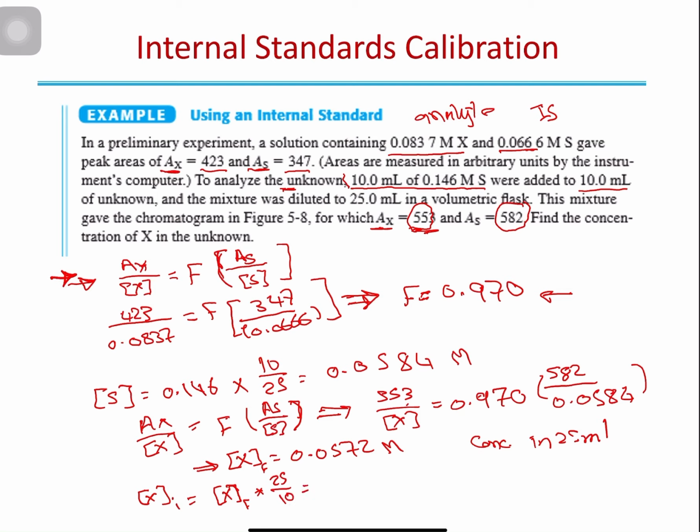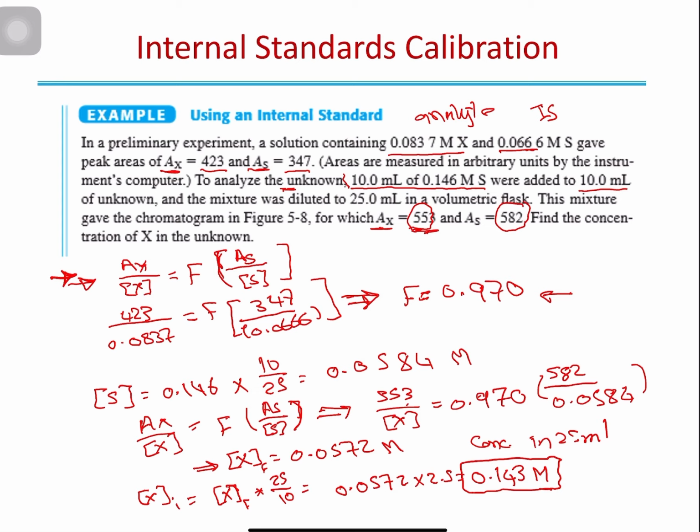So it's going to be 0.0572 times 2.5, and the final concentration is going to be 0.143 molar. So this is the concentration of your unknown in the original solution, in the 10 ml solution.